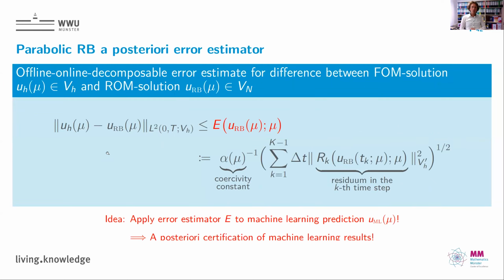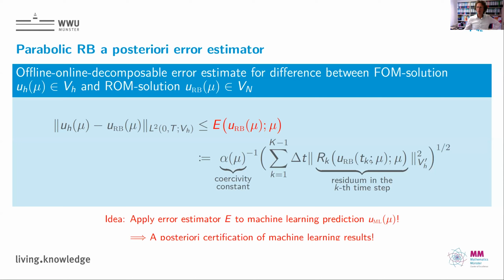Because we have a posteriori error estimates available for the reduced basis methods. In this case, such an a posteriori error estimate for the difference between the reduced basis solution and the full order finite element solution is given, for instance, by a sum of these dual norms of the residuals in the time points tk. And in order to evaluate this a posteriori error estimate, you only need to be able to evaluate the residual where you plug in your reduced approximation.